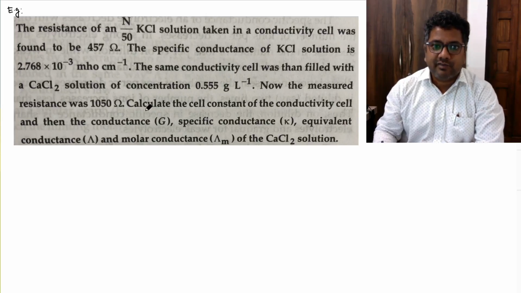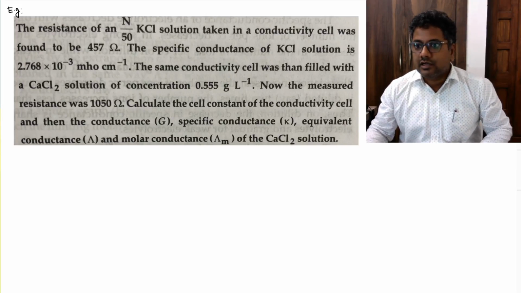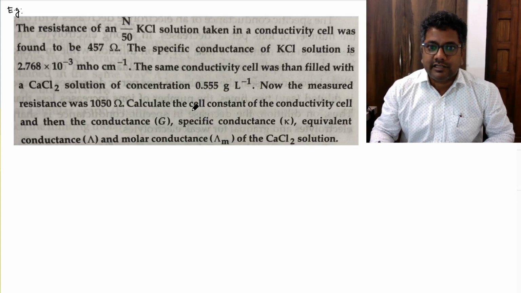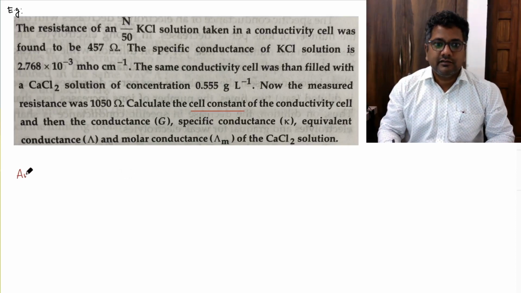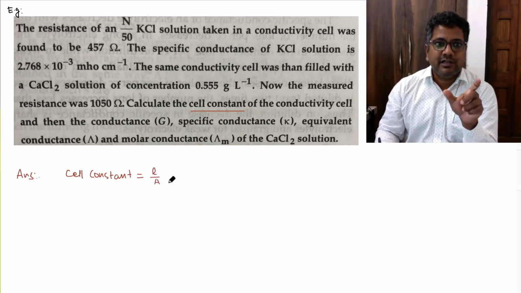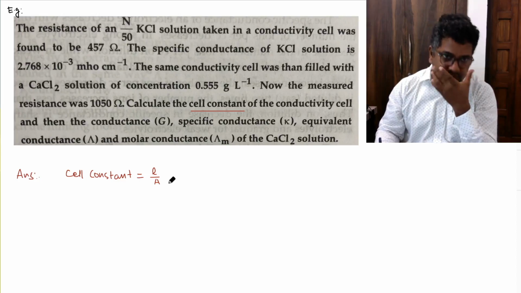See, the first part of this calculation: the conductivity cell constant is basically L by A. Cell constant is equal to L by A. It is not determined geometrically, means with the help of vernier calipers you are not going to determine the length and the cross-section area.